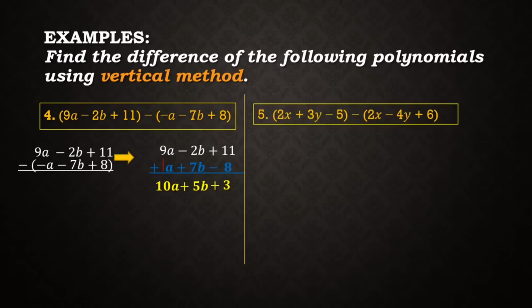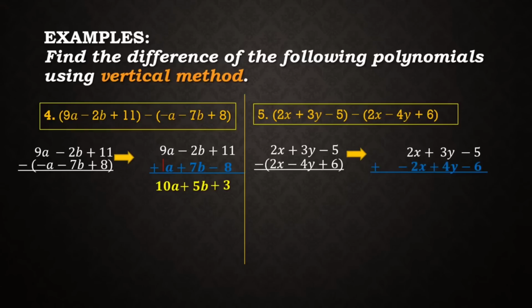Lastly, for example number 5, we have 2x plus 3y minus 5 minus the quantity 2x minus 4y plus 6. We align and rewrite to obtain 2x plus 3y minus 5 plus negative 2x plus 4y minus 6.